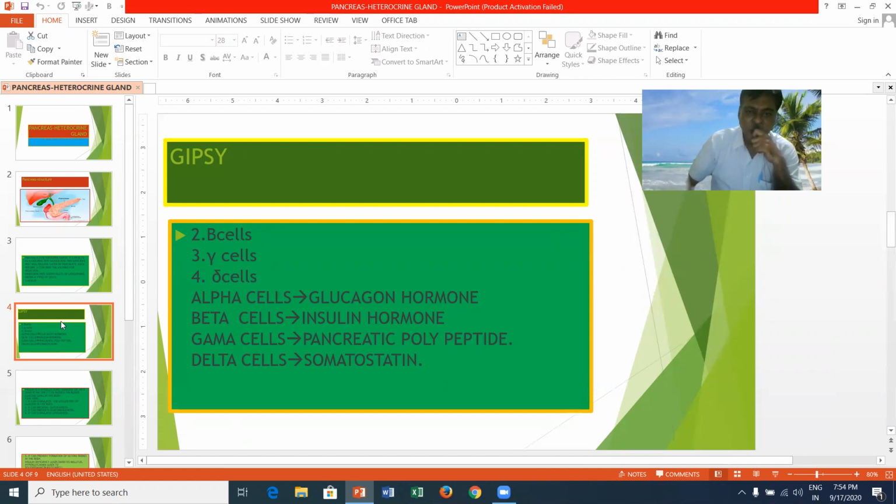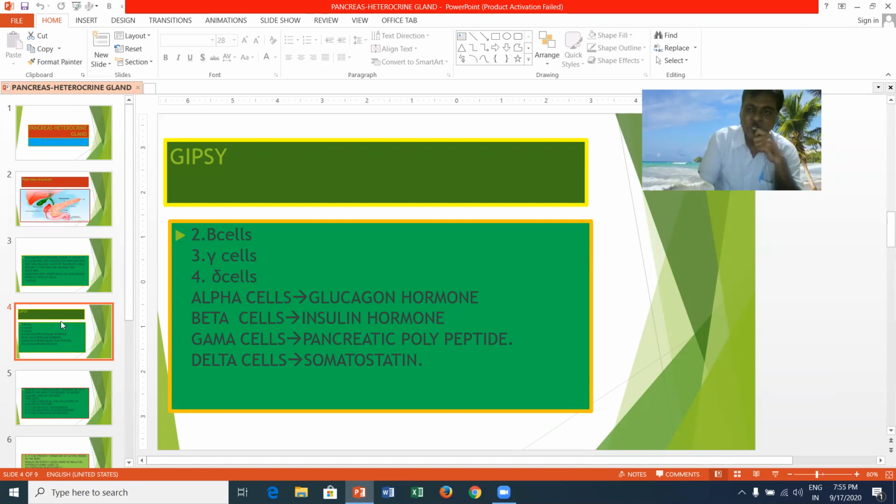This pancreatic polypeptide enhances the synthesis of glucagon as well as insulin, whereas the delta cell produces one more polypeptide, that is somatostatin. It has an antagonistic effect. That means it can inhibit the synthesis of glucagon as well as insulin.